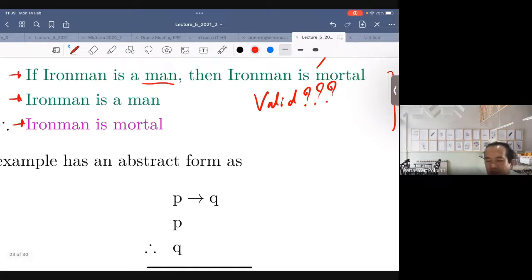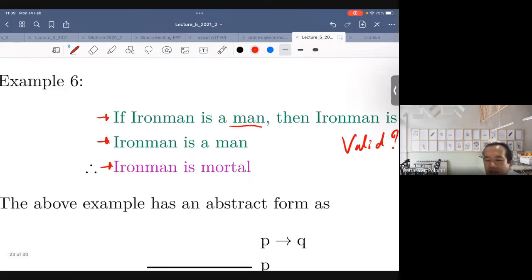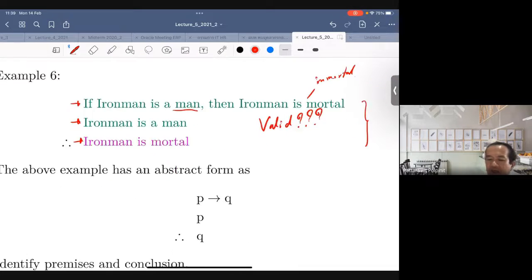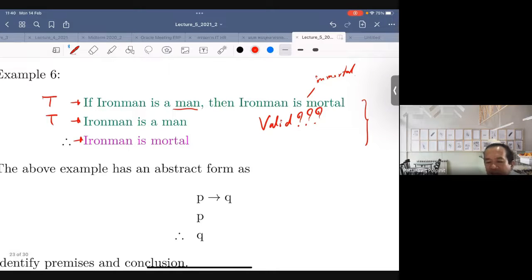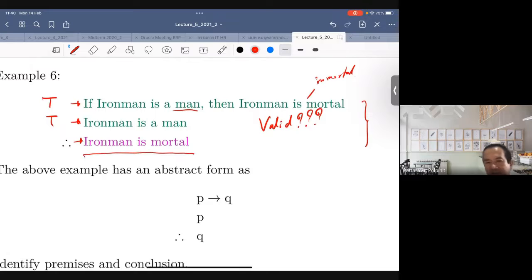We're just going to keep reasoning. Every premise has to be true, so this one is true, and this one is true. After we assume the premises are true, we check whether the conclusion always has to be true.